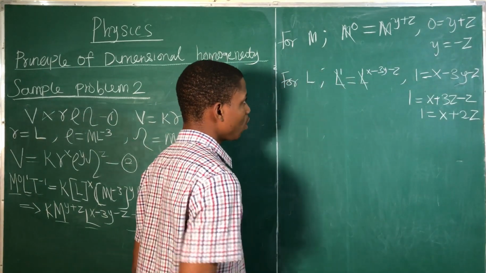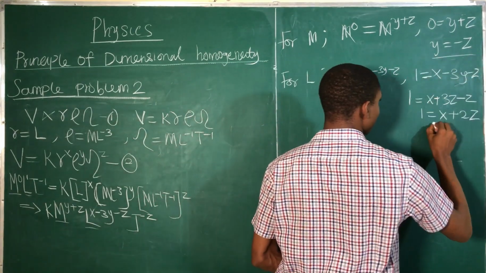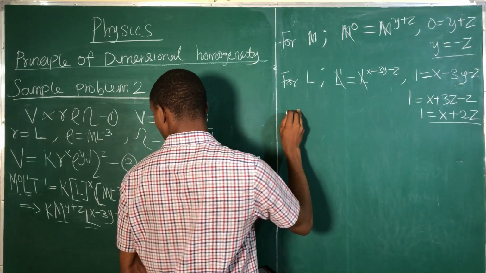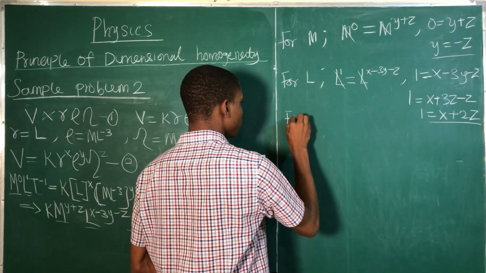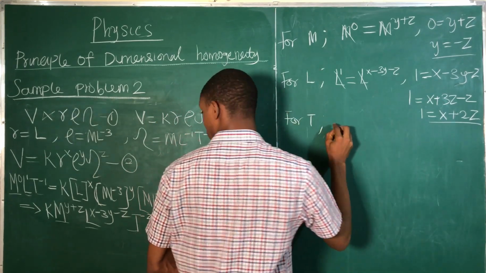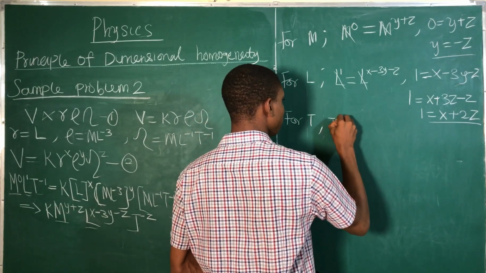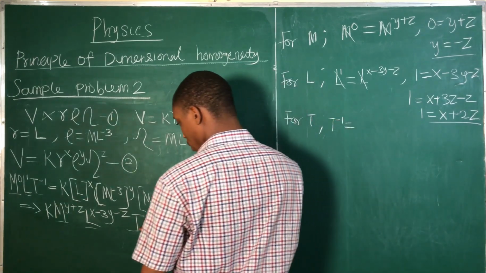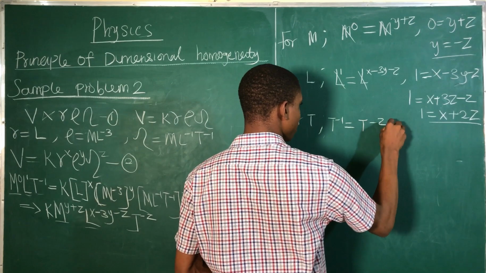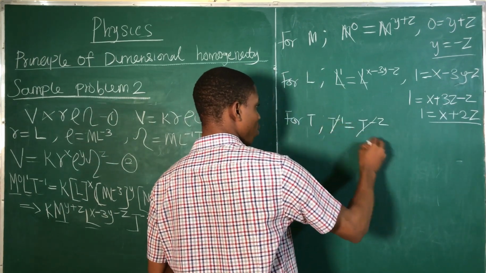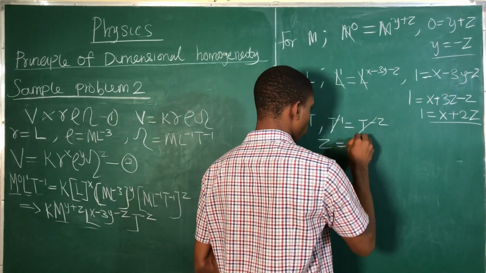Let's leave that one, please; take note of this. Next, let's consider T. We have T^-1 equals T^-z, so we cancel this and we have z equals 1.